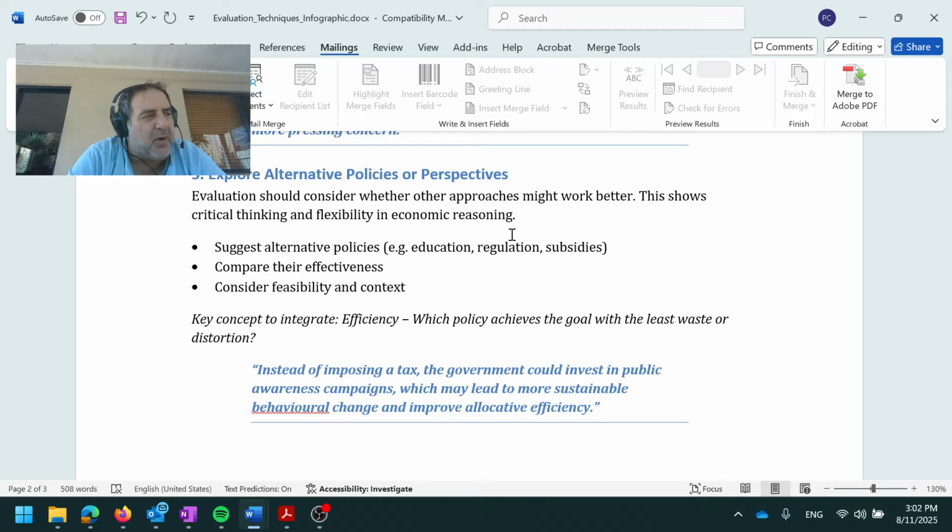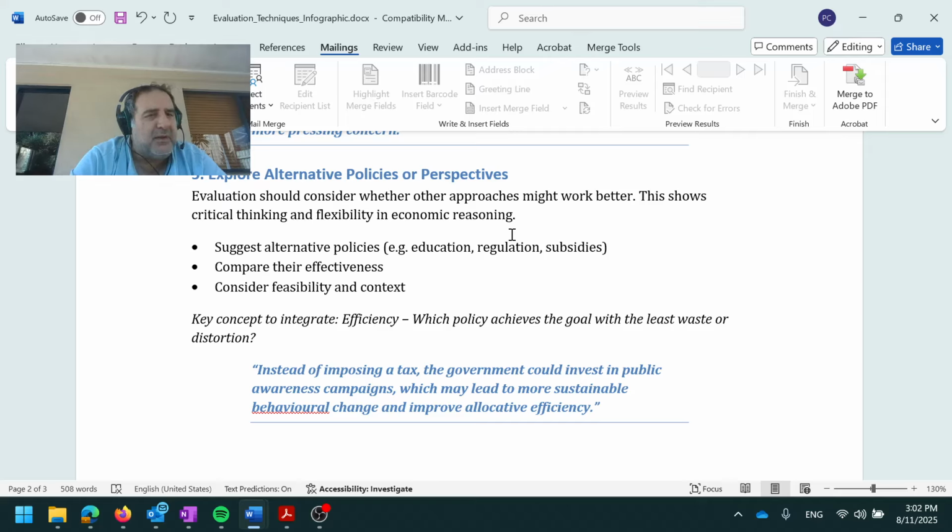If you think about microeconomics, if you're looking at a particular type of market failure, do you have a market-based solution or do you have an interventionist-based solution? If you think of the topic of externalities, taxes and subsidies, tradable permits, or could a better outcome be achieved by using regulation and legislation? Or could you just launch an information campaign that might be effective?